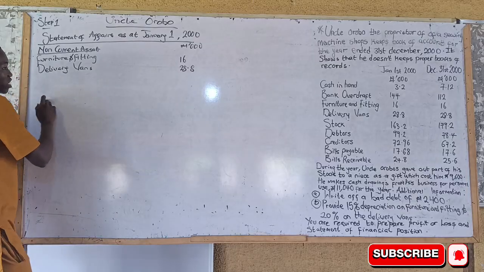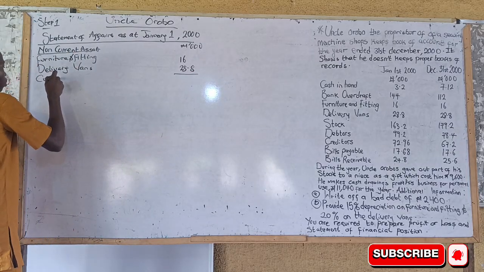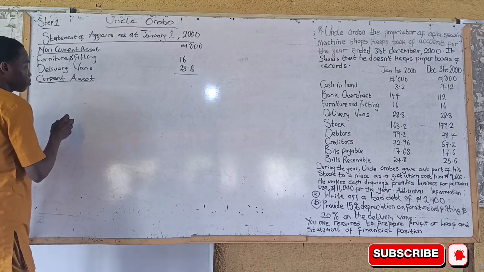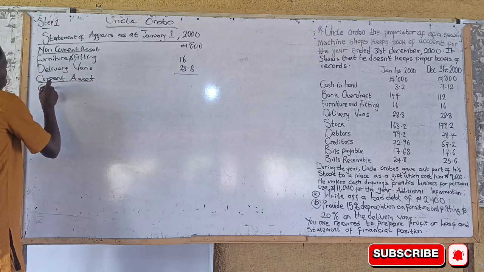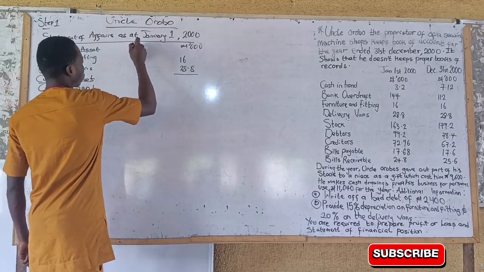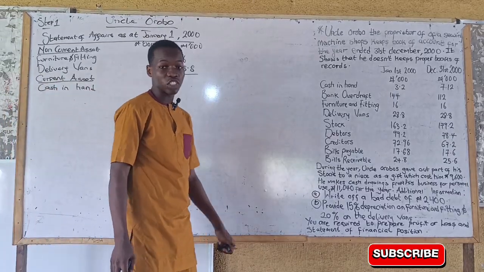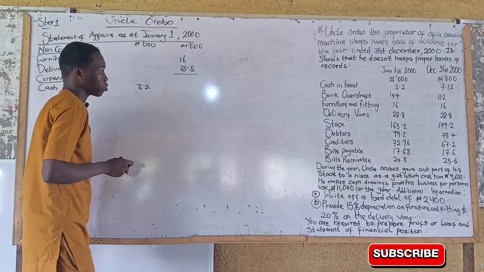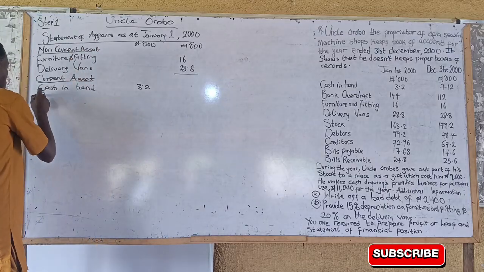So we move to current assets. The first current asset there is cash in hand. So the cash in hand is 3.2. The next one is stock.